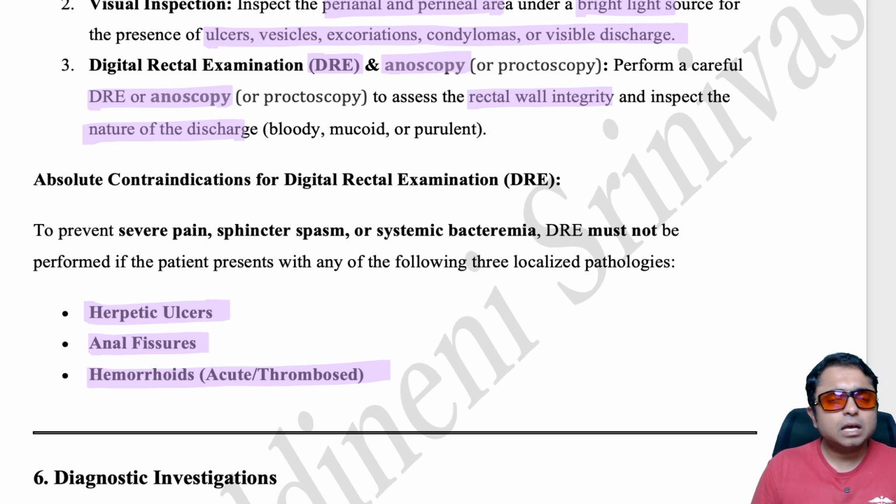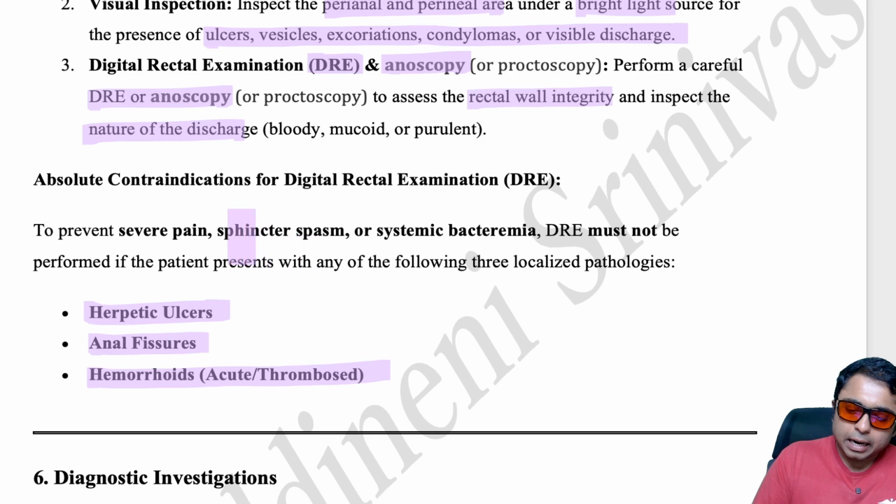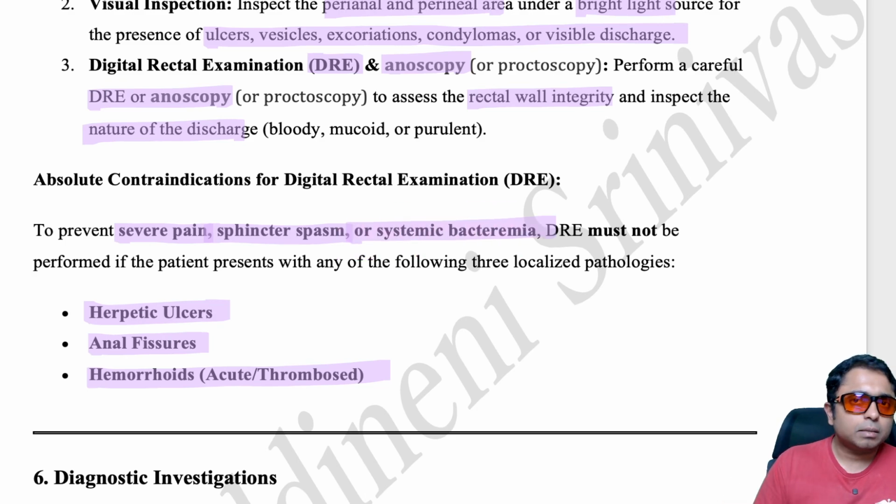In these cases we are not supposed to do digital rectal examination, to prevent the severe pain which the patient can get, and sphincter spasm can be observed if we try to perform it, and there could be systemic bacteremia.